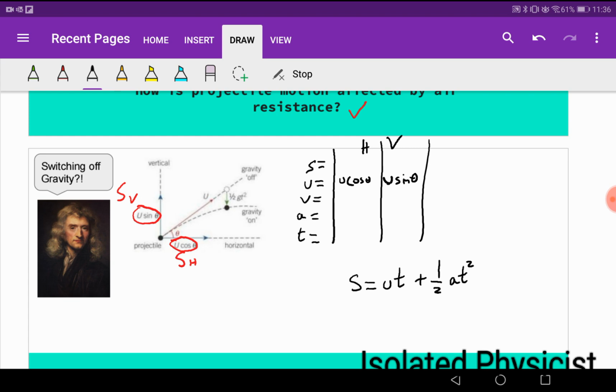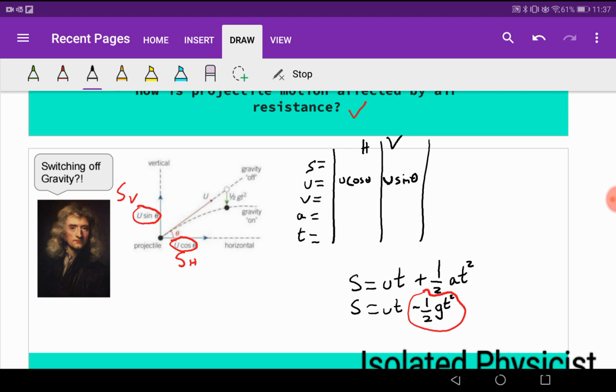If you've got a projectile, then gravity would be acting downward, so that equation would look a bit like S equals ut minus a half gt squared. Now, if we were to turn off gravity, this term would go to 0.